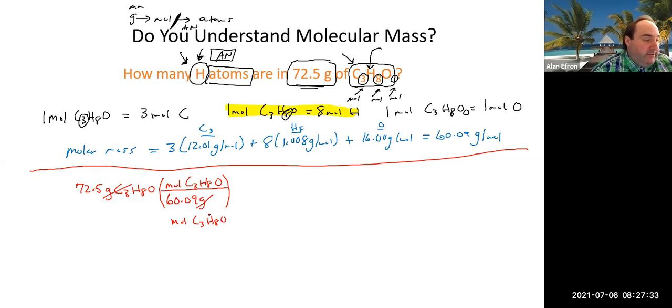Again, you could get an answer at this point, or you could continue on with the calculation. I'm going to continue on with the calculation. I don't want moles of the entire thing. I want moles of just hydrogen. So this is where our conversion factor that we got from the formula will come into play.